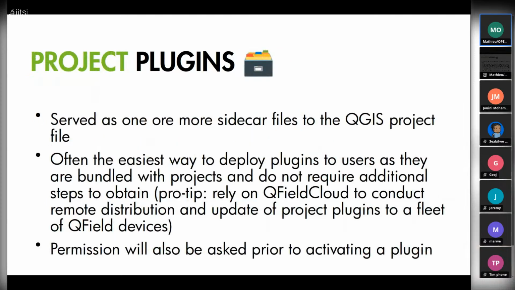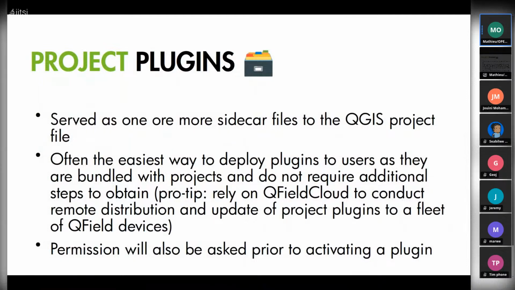For project plugins, it can be as simple as adding one sidecar file to a QGIS project folder, and you have extra functionality added into QField for the duration of the consumption of the project.